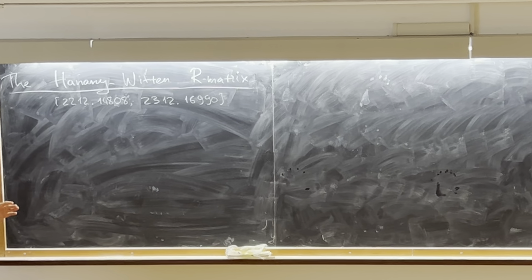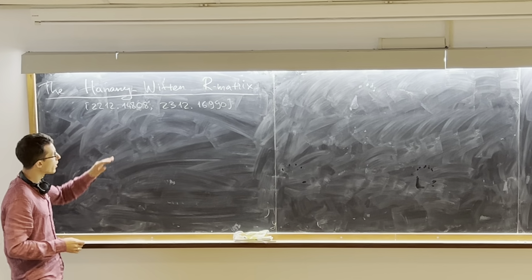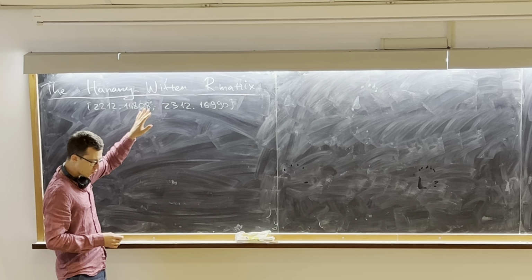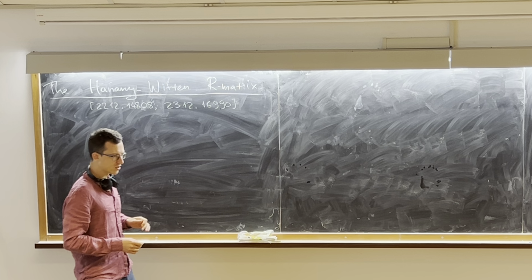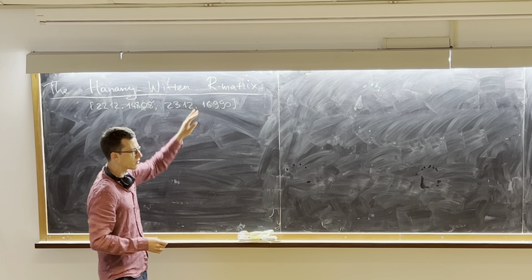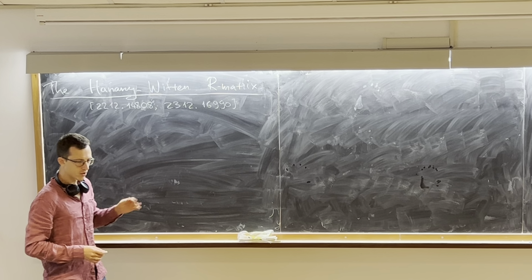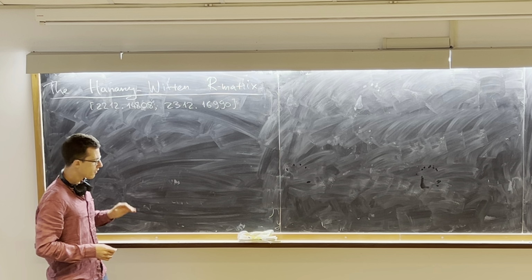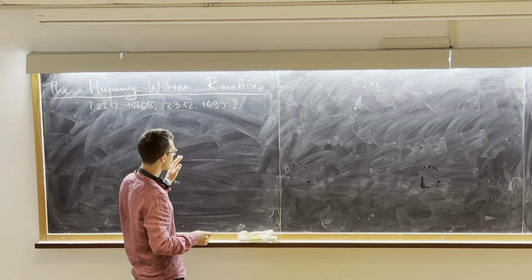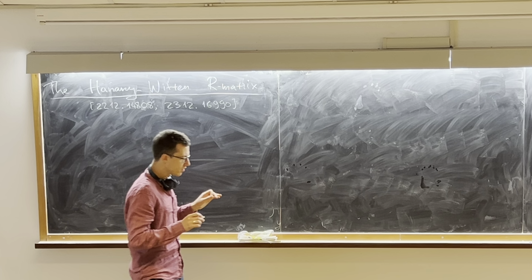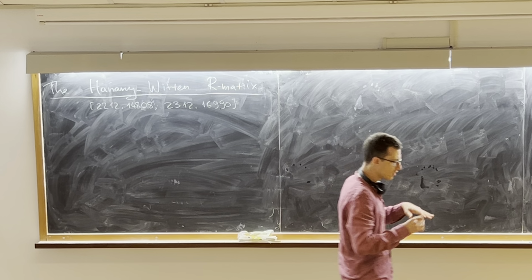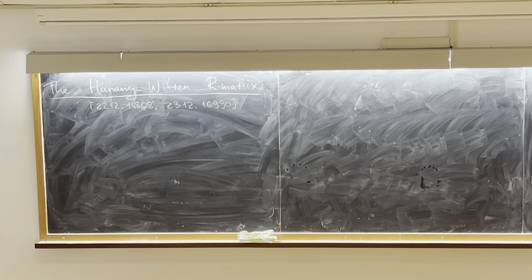There will be a particular example of this construction, this funny type of R-matrix for a certain algebra, but the idea is to give a dictionary between the brane constructions and the algebraic constructions.